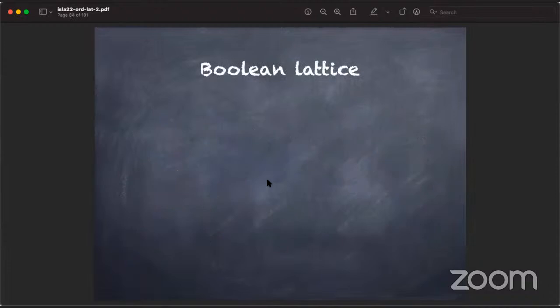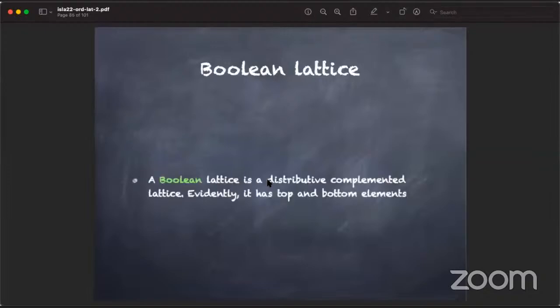So now we are finally ready to define the Boolean lattice. What is that? It's nothing but a distributive complemented lattice. Of course, when I say complemented lattice, I automatically assume that it has both top and bottom elements. Otherwise, we cannot define complements. So any distributive complemented lattice is said to be a Boolean lattice.